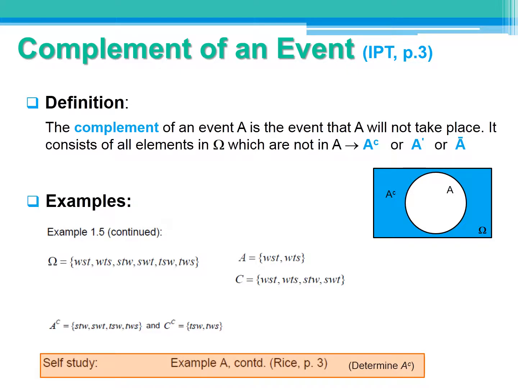So from our sample space, we will take all the other four outcomes, so not including those two outcomes, and that will form A's complement. And then for C, we had these four outcomes. So the other two outcomes that were still in my sample space but not in C, that will be C's complement. And then again on page 3 of Rice, there's another example that you can study.